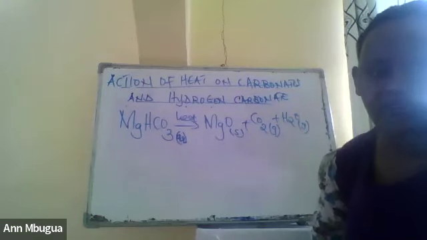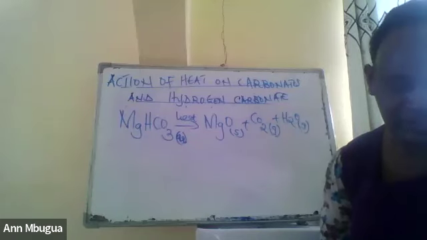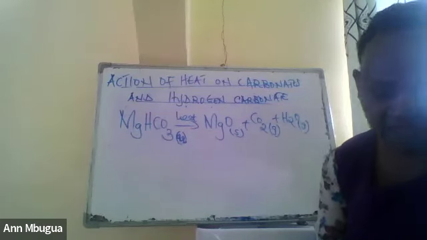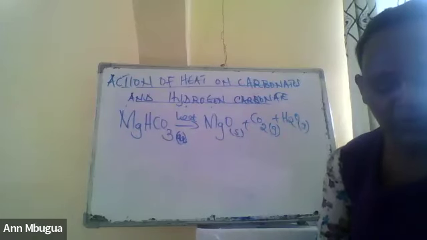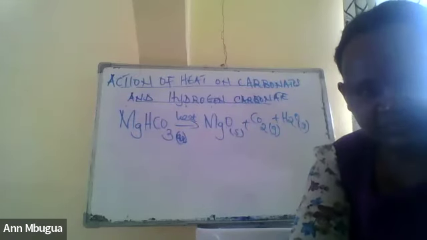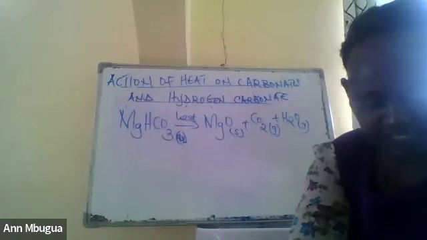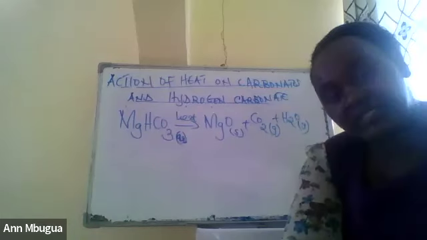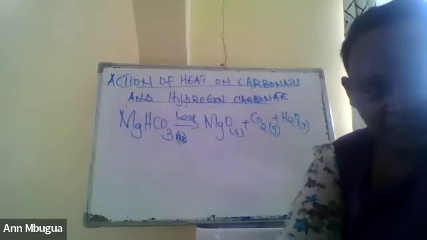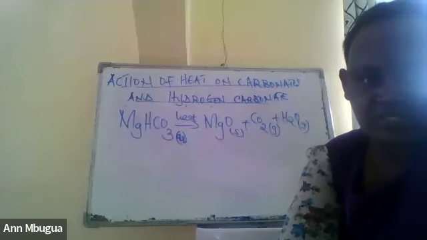Okay, someone is requesting that I repeat on those hydrogen carbonates that do not exist. I said with hydrogen carbonates, we have potassium hydrogen carbonate and sodium hydrogen carbonate, which exist as solids.